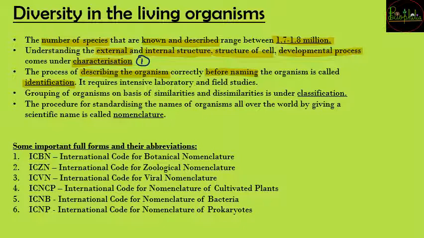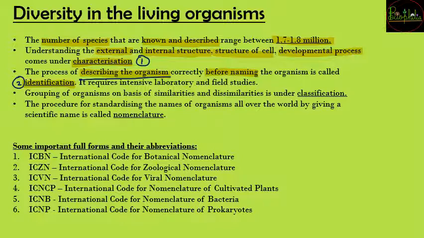Second process में अगर आपको नाम नहीं पता है तो what do? You are going to express out that characteristics and describe the organism. And when you are describing the organism, you are going to help to identify that organism.